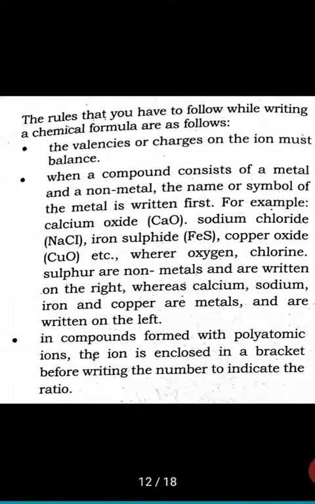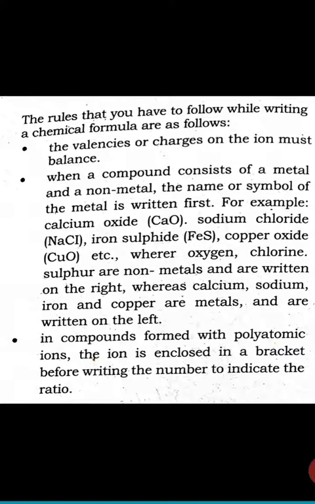There are certain rules that help you to write the chemical formula. The first one: the valencies or charges on the ions must balance. Second, when a compound consists of a metal and a non-metal, the name or symbol of the metal is written first.